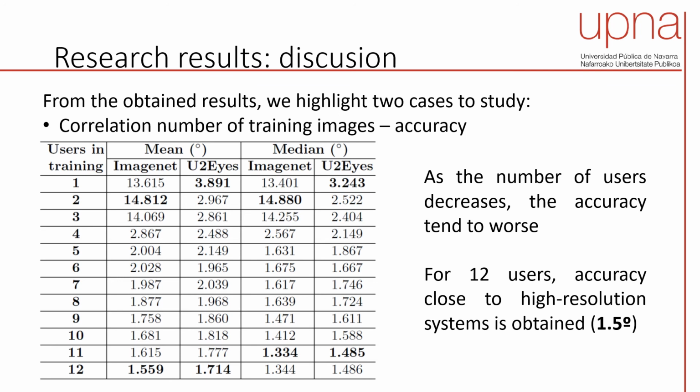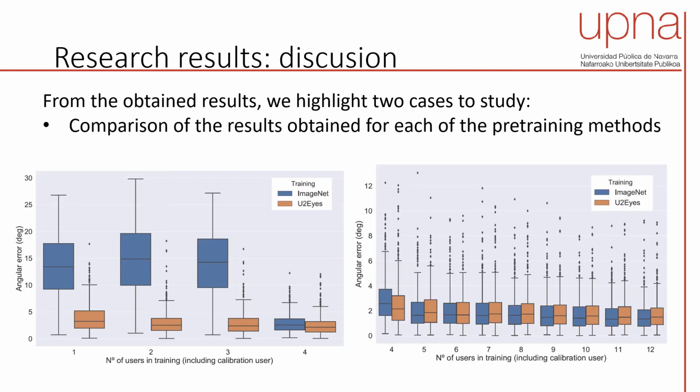This is the expected behavior, as reducing the number of images available while training makes it tough for the network to learn the optimum parameters to solve the problem. When the max number of images are used, the network achieves first-class performance when adapting the regressor for a specific user, yielding results close to the ones achieved in high resolution, 1.5 degrees.